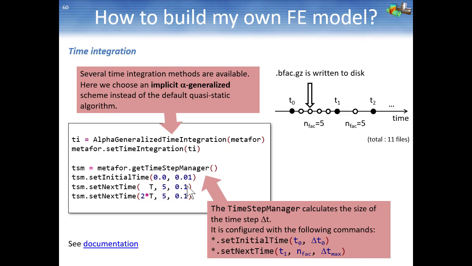So the time step will just fail, and Metafor will restart this problematic time step with a smaller time step. And then you will divide until it is possible to reach the equilibrium with a smaller time step. But you will see that in practice.